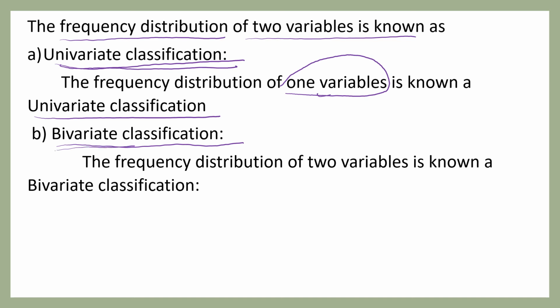What is bivariate classification? The frequency distribution of two variables is known as bivariate classification. Take the example of a list of students along with economics marks. If we also discuss the statistics marks, then it is called a bivariate classification.